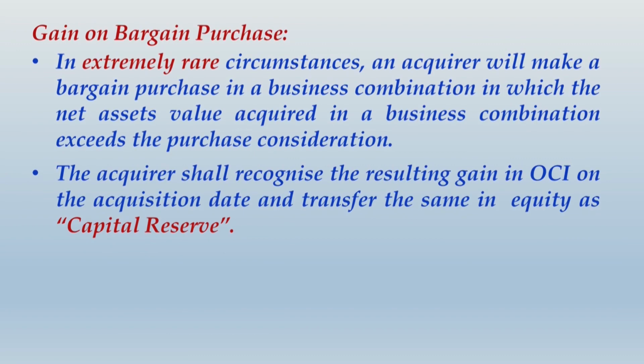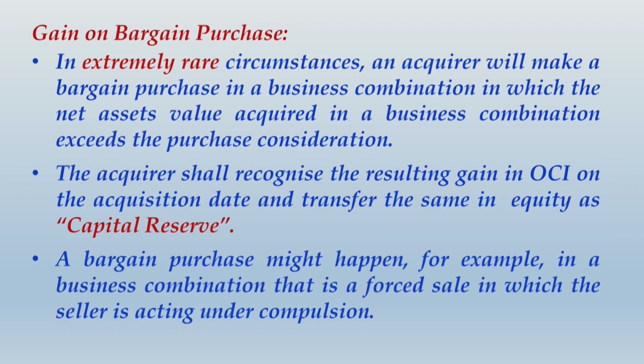That means eventually the gain on bargain purchase will be transferred to capital reserve. A bargain purchase might happen, for example, in a business combination that is a forced sale in which the seller is acting under compulsion. So friends, quickly take note of these and then we go ahead and solve questions.